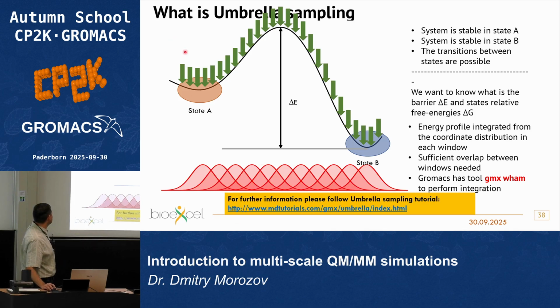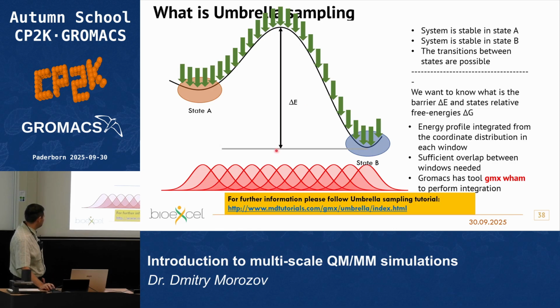So what they do is define multiple umbrella windows, in each of which you apply a normal harmonic potential, such that your system can only deviate a bit from this equilibrium value. Then you can do these simulations with that external harmonic potential in each of these windows along the reaction coordinate, and take the distributions of your coordinate in the presence of this external harmonic potential.